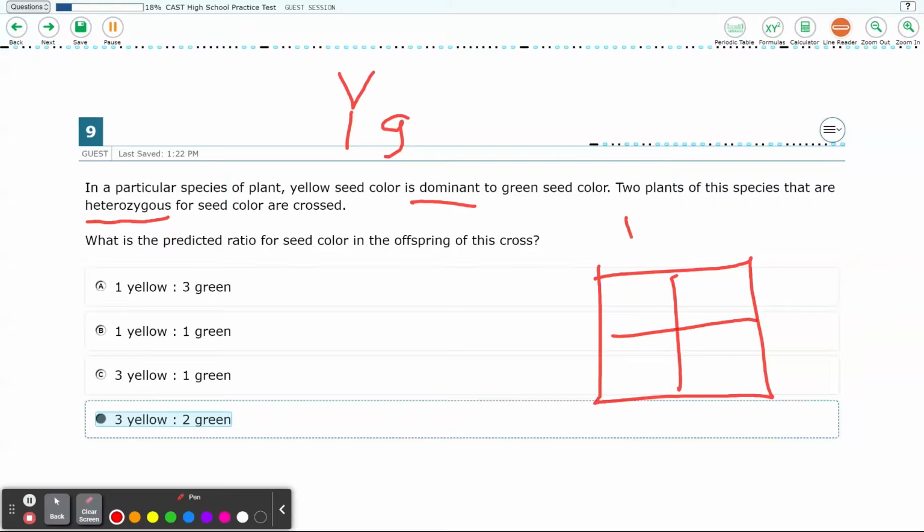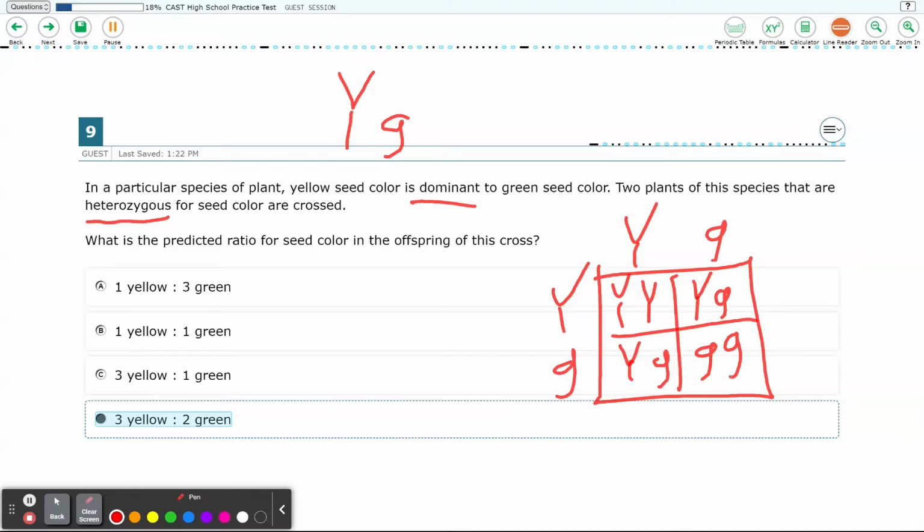We say one parent had a yellow and a green gene, and the other parent had a yellow and a green gene. Then we just follow from each box. This one has a yellow and a yellow. This one has a yellow and a green. This one has a yellow and a green. And this one has 2 greens.